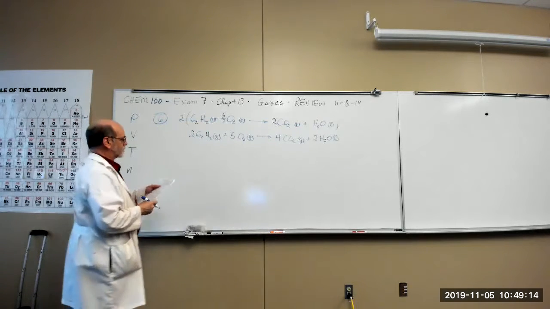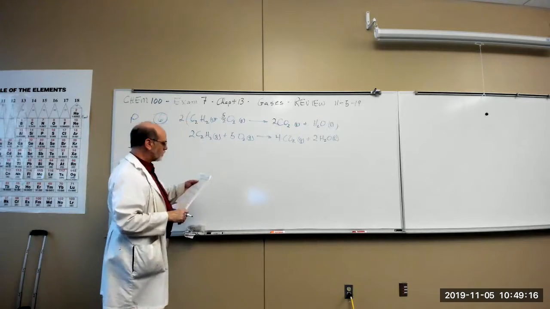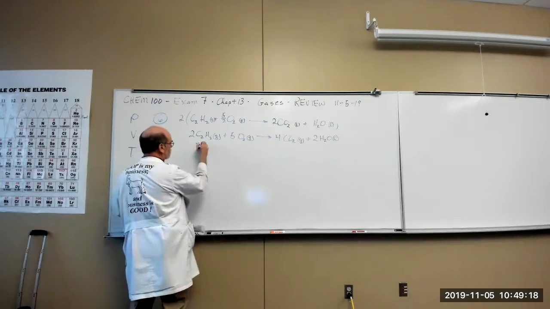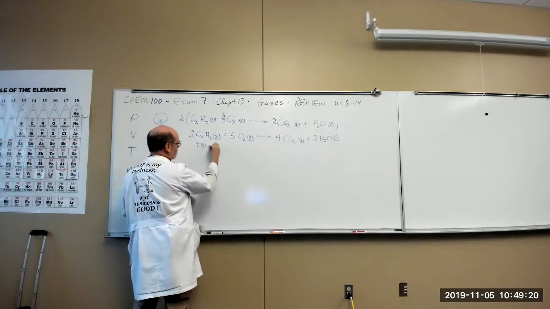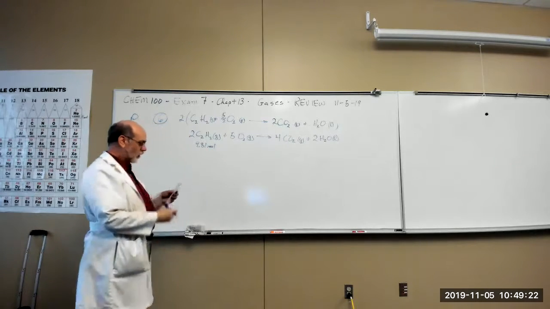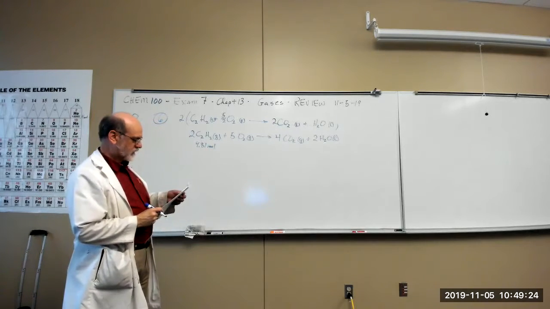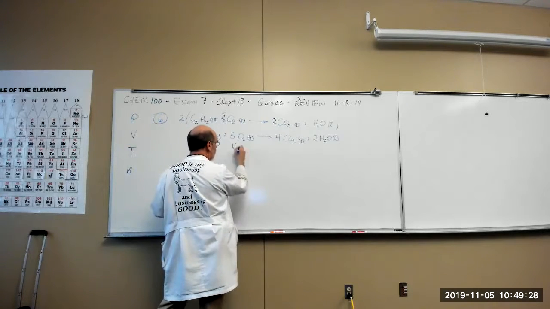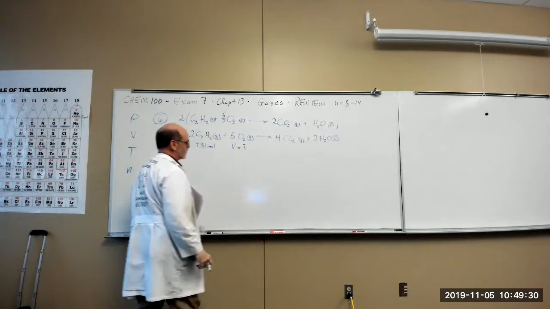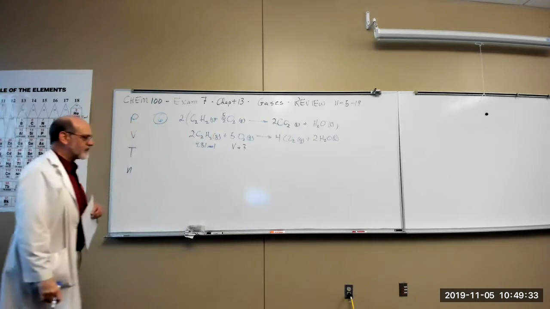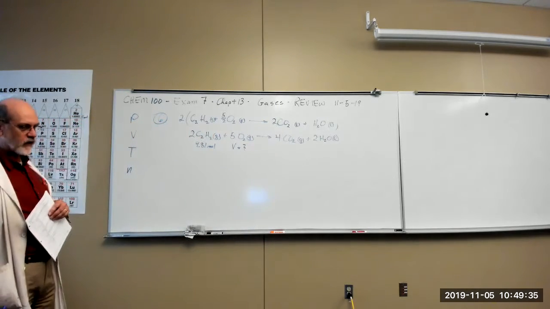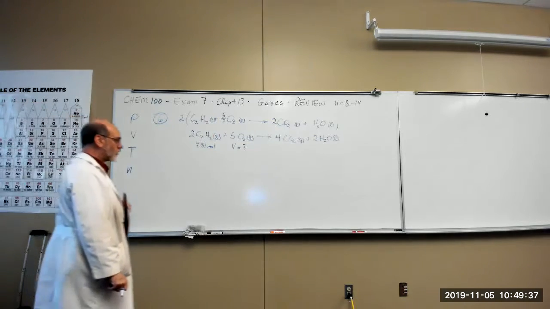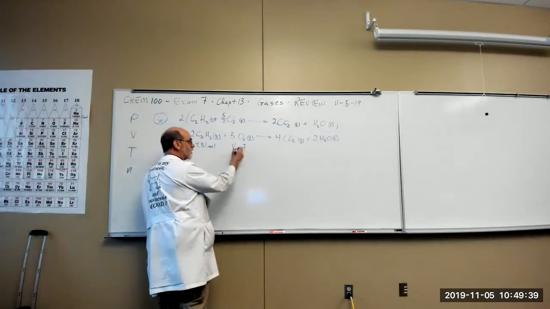What are we given? 9.31 moles of acetylene. Okay? What's the question? How many liters of oxygen? So the question is volume of oxygen. Do we have enough information to answer that question? What would we need to tell us the volume of oxygen?